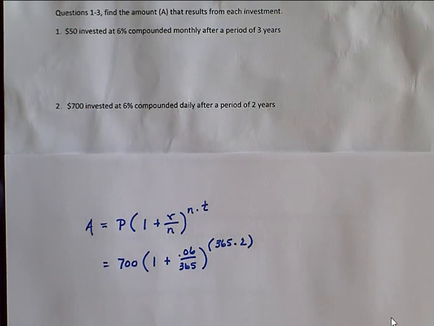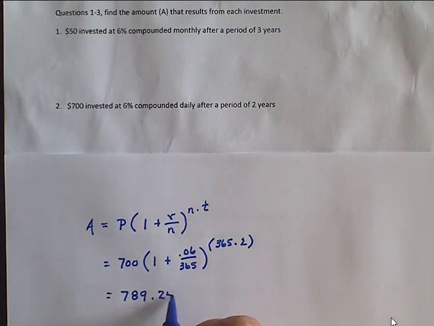But when I do that, I get $789.24. Okay, there's some zeros and other numbers there, but I'm going to round my answer to dollars and cents. So after 2 years, the bank's going to pay you about $90 for keeping it there. So if you don't have anything to do with that $700, then it might be a good place to put it. Okay, just forget about it.